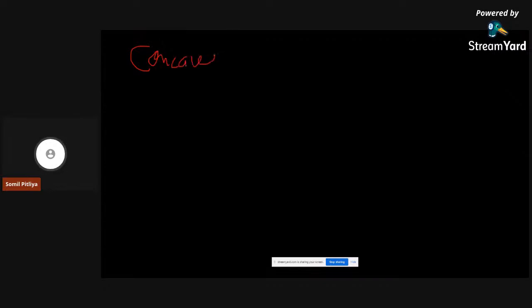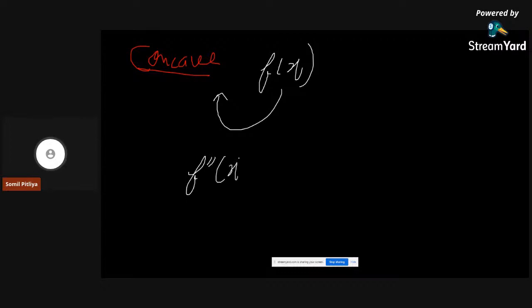Let's say I have a function f(x), and that f(x) is concave if the double derivative of f(x), that is f''(x), is less than 0. We can draw its graph very easily because f'(x) is the rate of change of f(x), but f''(x) is the rate of change of f'(x), which is the rate of change of slope.